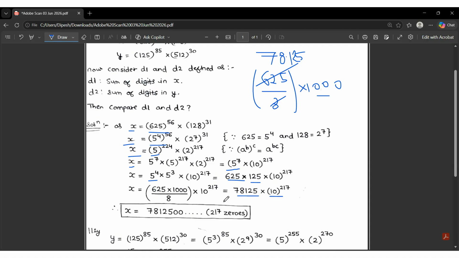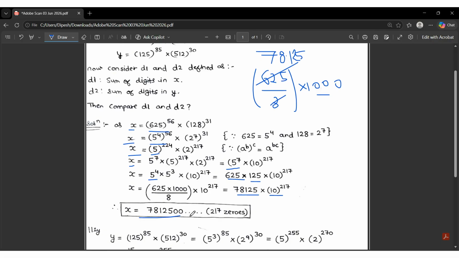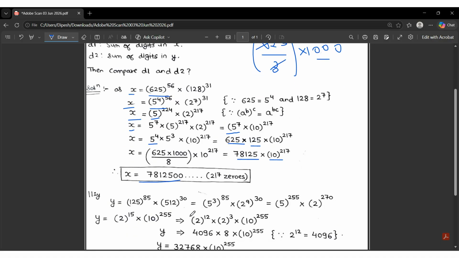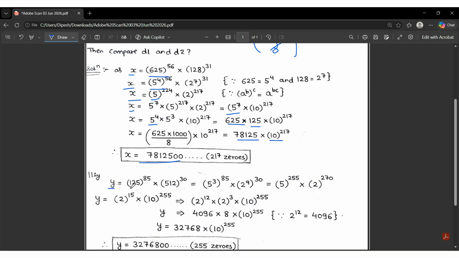Now let us try to calculate y. We get 125 raised to power 85 multiplied by 512 raised to power 30, which is, because 125 is 5 raised to power 3 and 512 is 2 raised to power 9, on evaluating these we get 5 raised to power 255 and 2 raised to power 270.